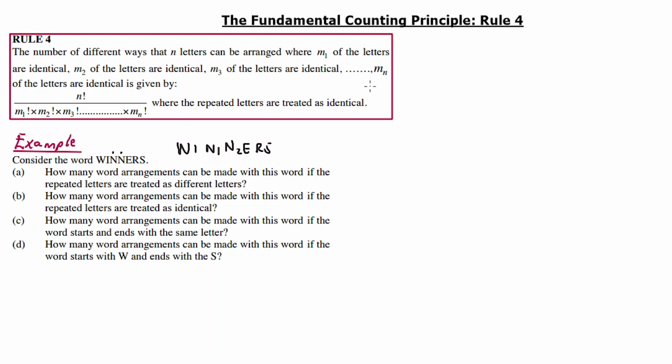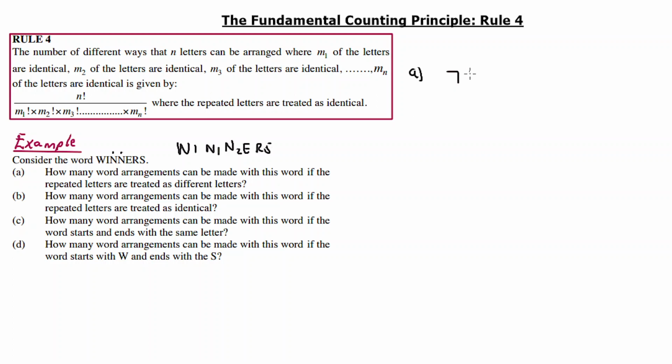Now, pay attention, the letters are repeated. They are not repeated, but they are treated as different letters. So it means that we have letters 1, 2, 3, 4, 5, 6, 7.